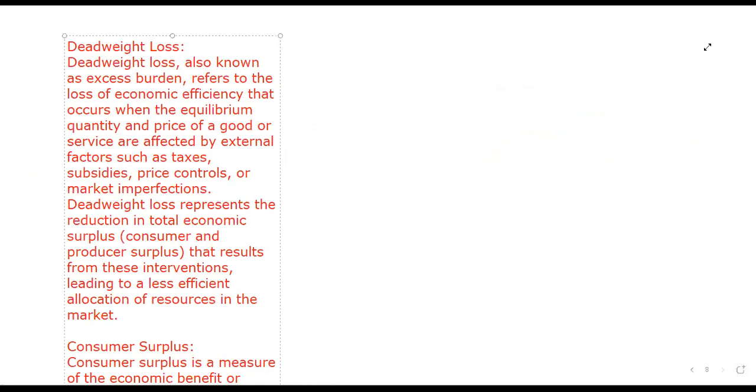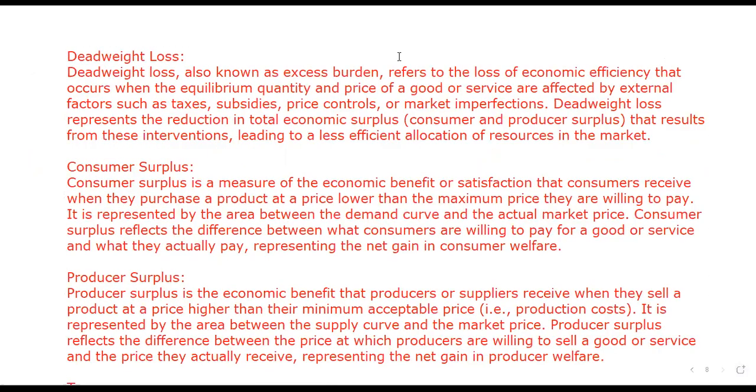Yeah. Okay, so deadweight loss is an economic inefficiency that causes a disequilibrium in the market, affected by external factors like taxes, subsidies, and price controls like floor prices. So it is simply a reduction in the total economic surplus.